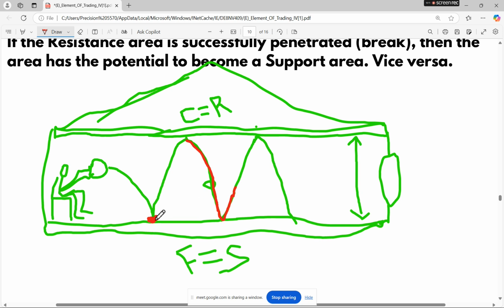The first time it's just an area of identification, and we don't consider it support yet, but when the market comes again and bounces off from that area, that's when it's confirmed as a strong verified support. And support is an area of buyers.